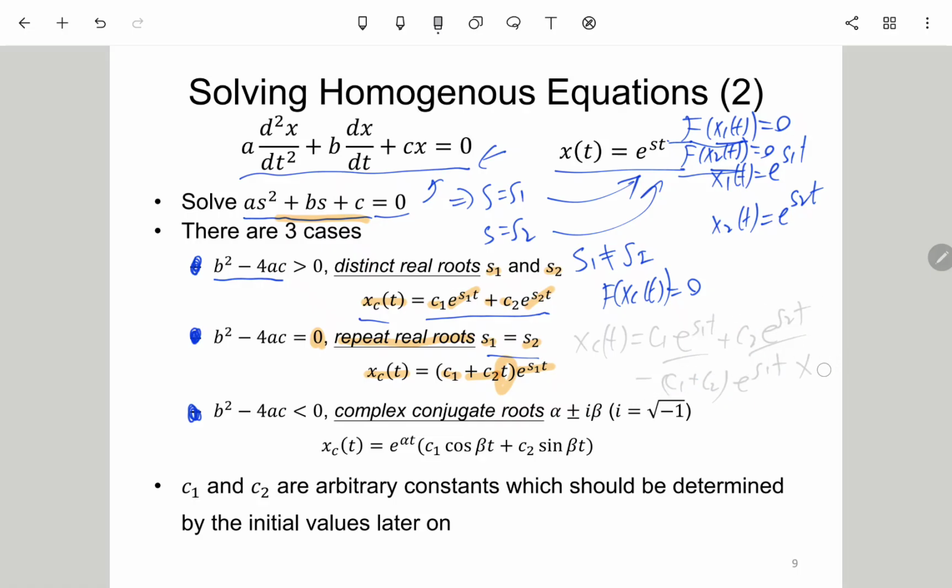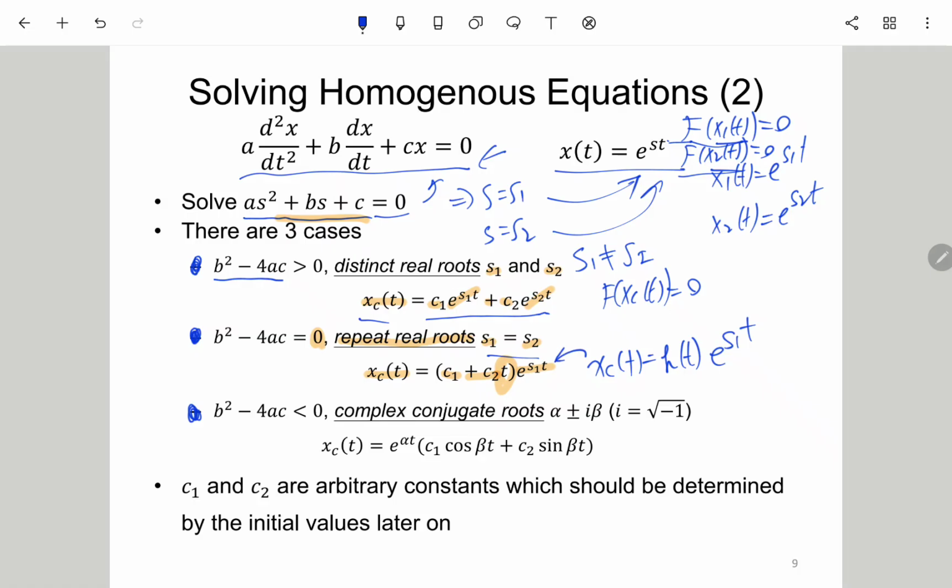The idea here is, I don't try to go through all the details. If you have interest in the math, you can try it yourself. You can make xc(t) equal to, let's say, h(t) multiplied by the exponential s1t, and then plug it back into the equation.